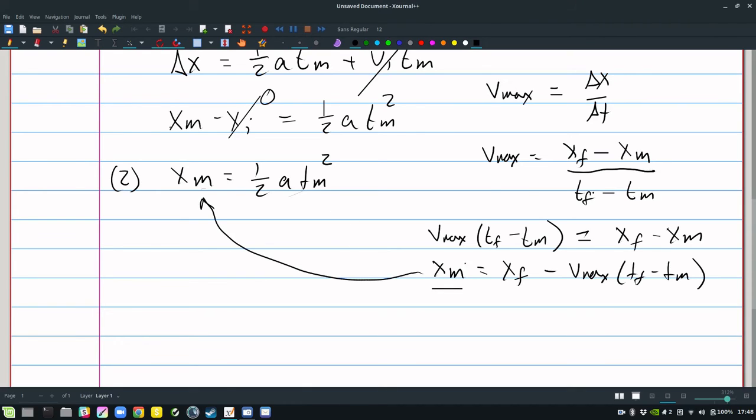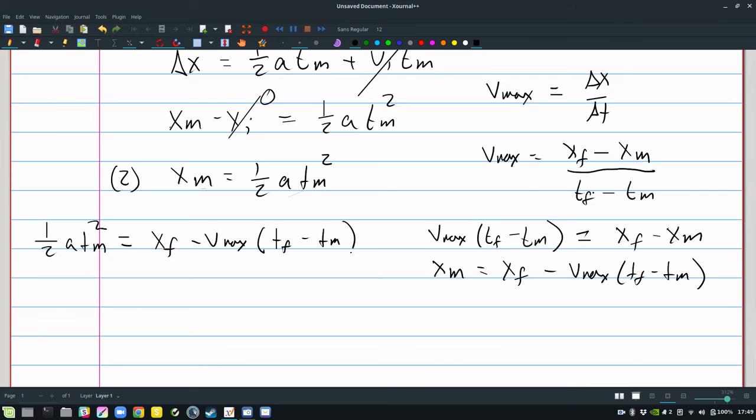Then x middle is gone, right? We'll eliminate it. So we've got 1/2 a t middle squared, which is equal to x final minus v max times t final minus t middle.